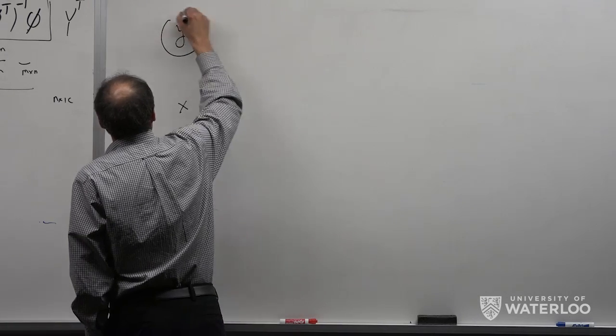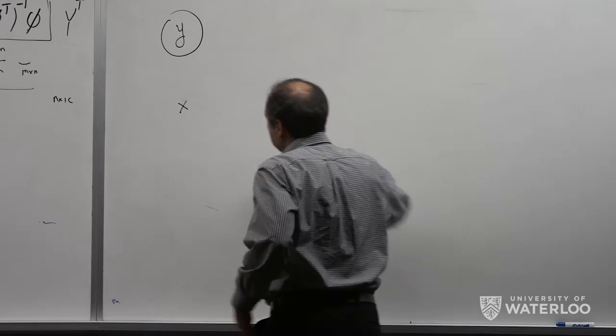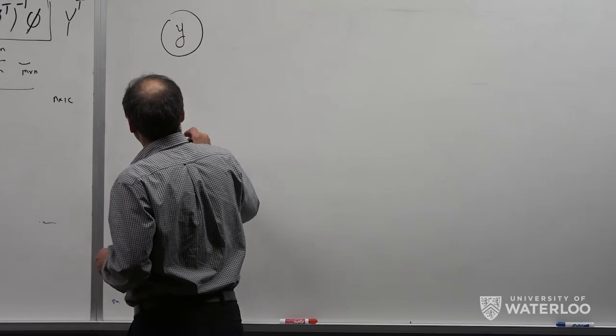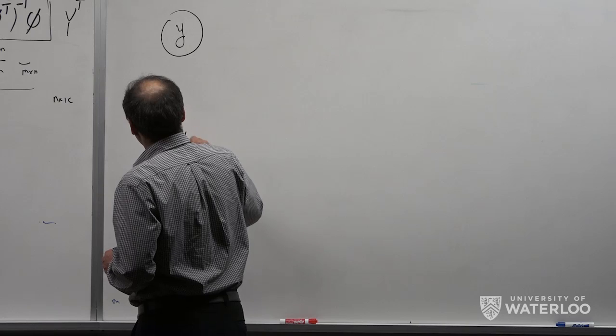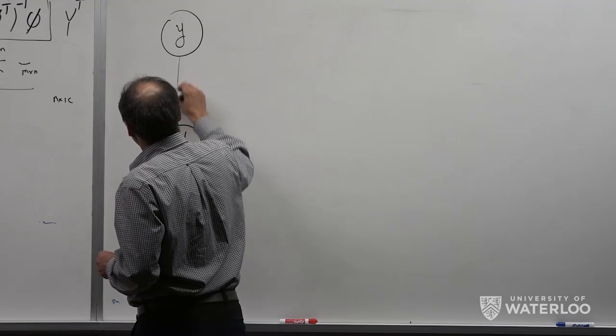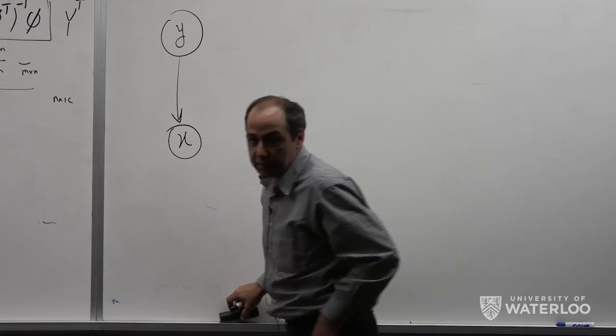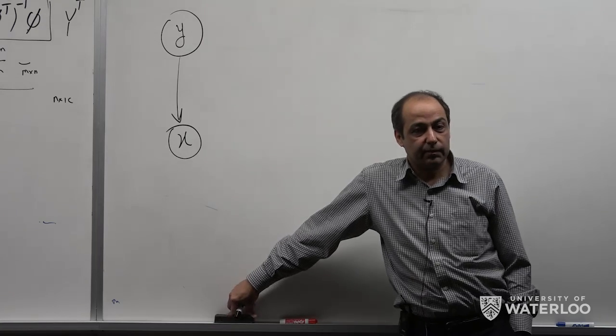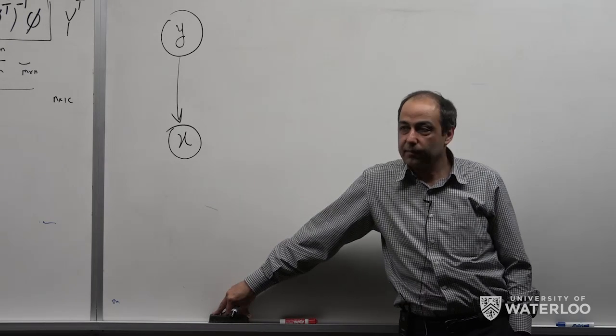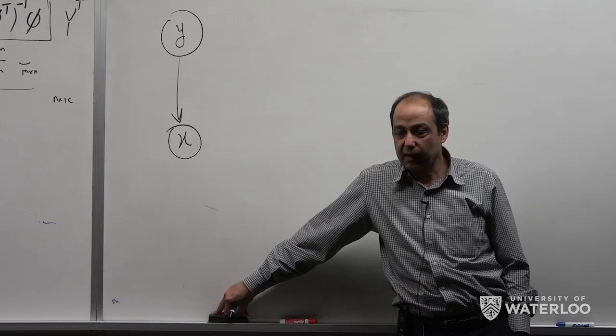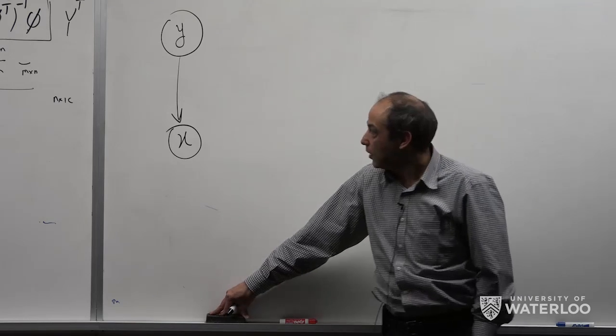I'm not sure if you're familiar with notations of graphical models, like Bayes nets, directed graphs.